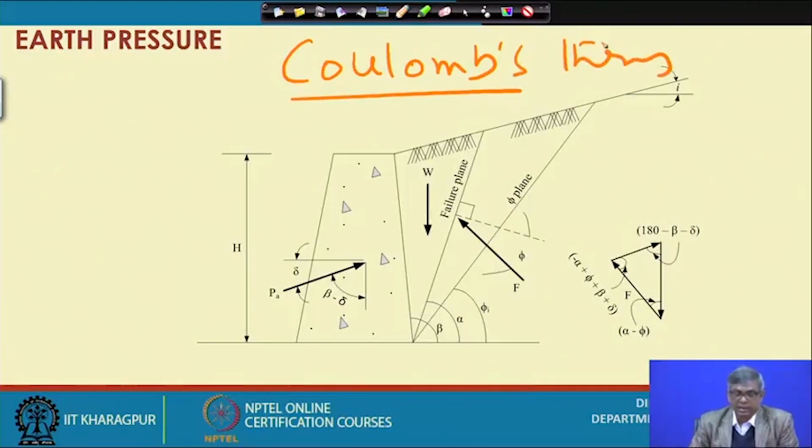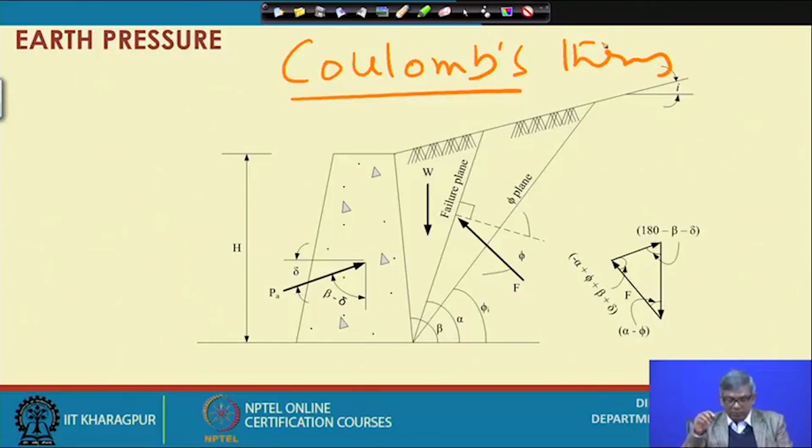So far we have discussed Rankine's theory. In Rankine's theory, there is a set of assumptions. The assumptions are that the wall is vertical and there is no friction between the wall and the backfill, level backfill, all those things. But Coulomb's theory is very much general.